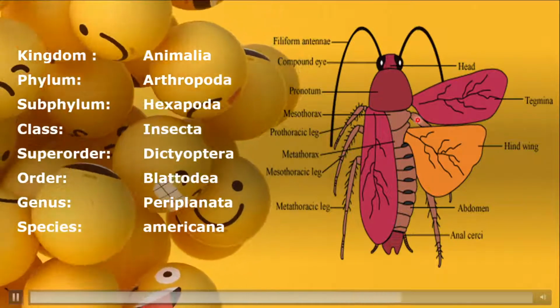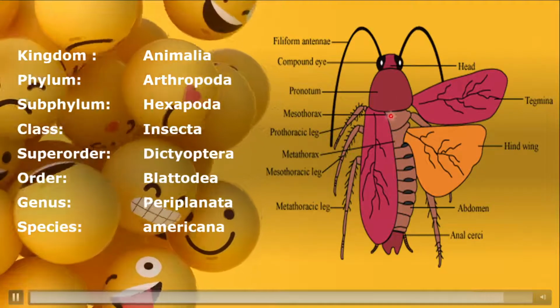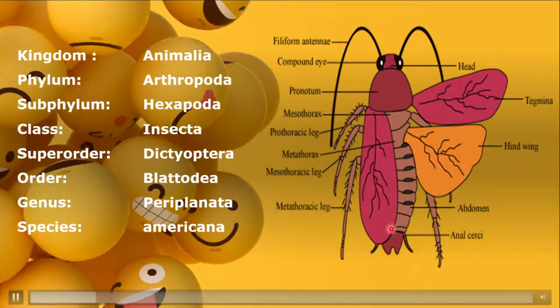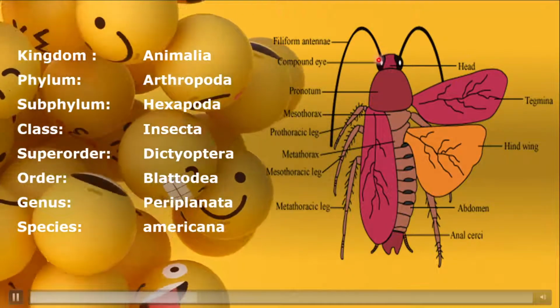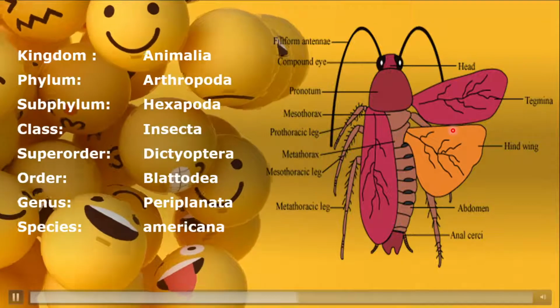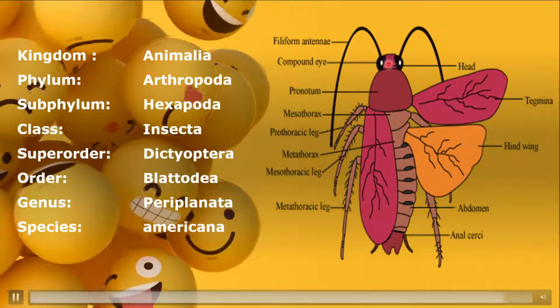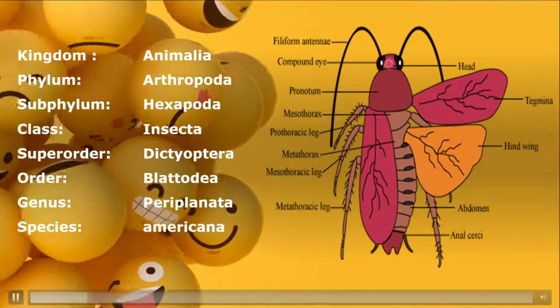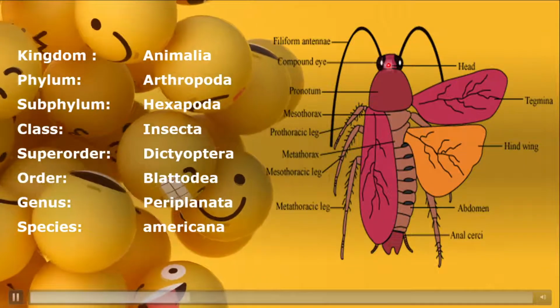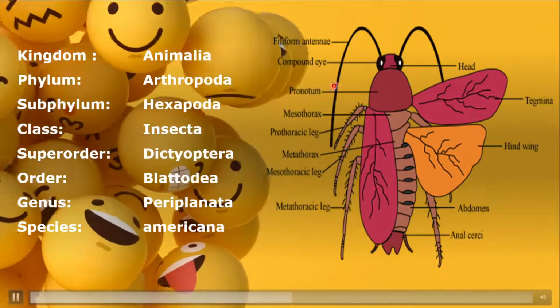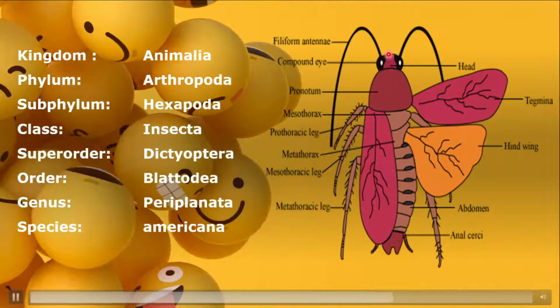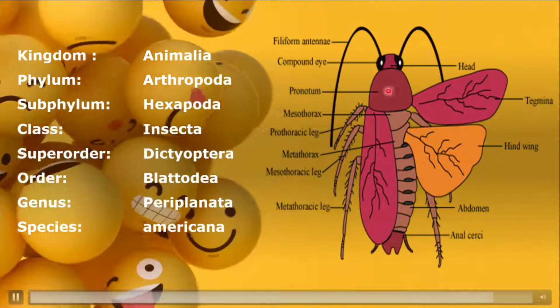First is head, second is thorax, and third is abdomen. The head consists of compound eyes, antennae, and mouth parts, where the mouth opening is on the ventral surface. So these mouth parts, eyes and antennae are the organs of the head region.